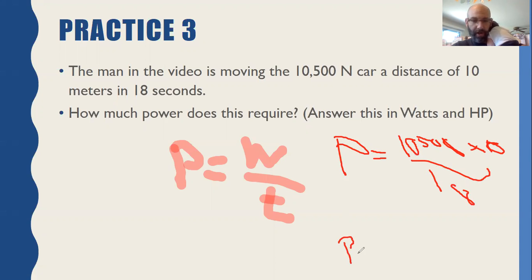So if we solve 10,500 times 10 over 18, we get 5,833.3. And the unit is watts, or just capital W.